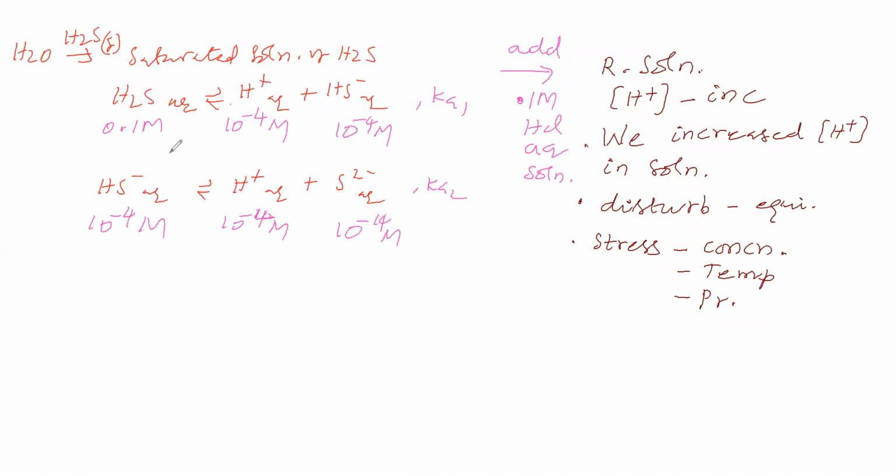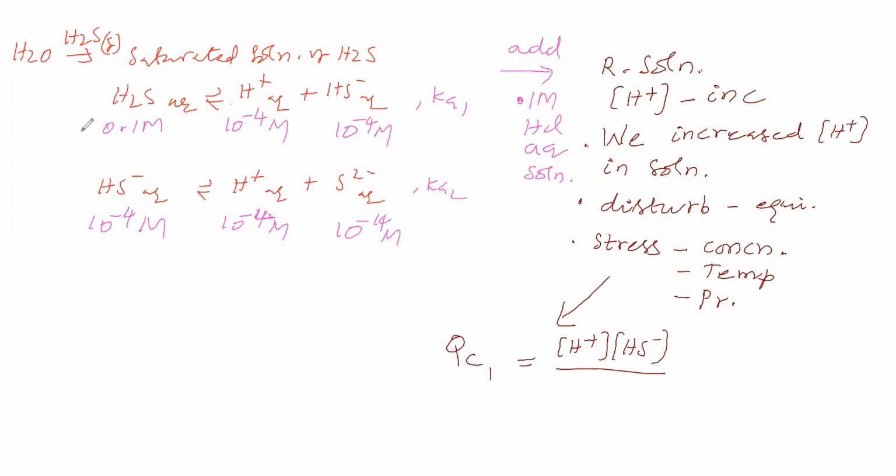Since we have given stress, what happens to the equilibrium? That we will see. For this, we have to find QC. QC1 is equal to the right side terms in the numerator: concentration of H plus into concentration of HS minus, divided by the left side term, H2S, in the denominator.